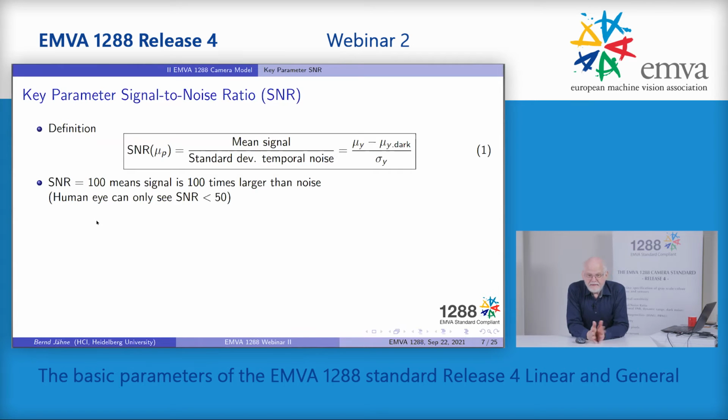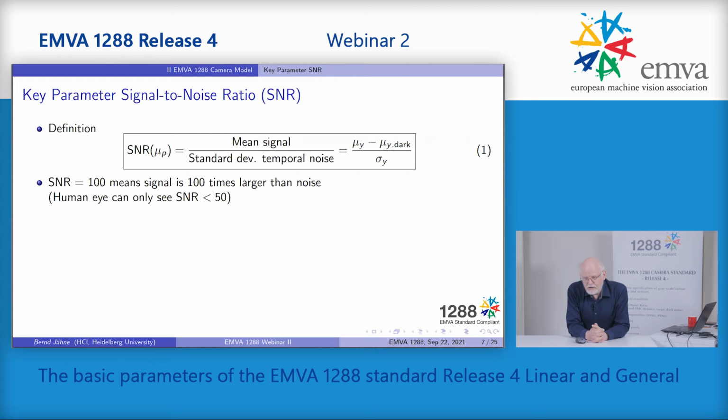Okay, and then it immediately pops up what is the key parameter. The key parameter is simply how large is the signal compared to the disturbance, which for temporal noise is simply the signal to noise ratio. And I have written down the definition here for SNR, which is the mean signal induced by photons divided by the standard deviation of the temporal noise.